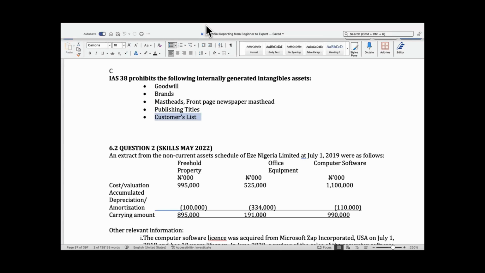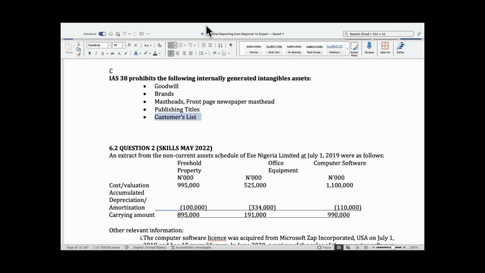Then we learned about research and development, which is a new one: research costs will be expensed, but development costs can be capitalized if they meet those PIRATES criteria. I shortened them as PIRATES just for you to be able to remember those 6.